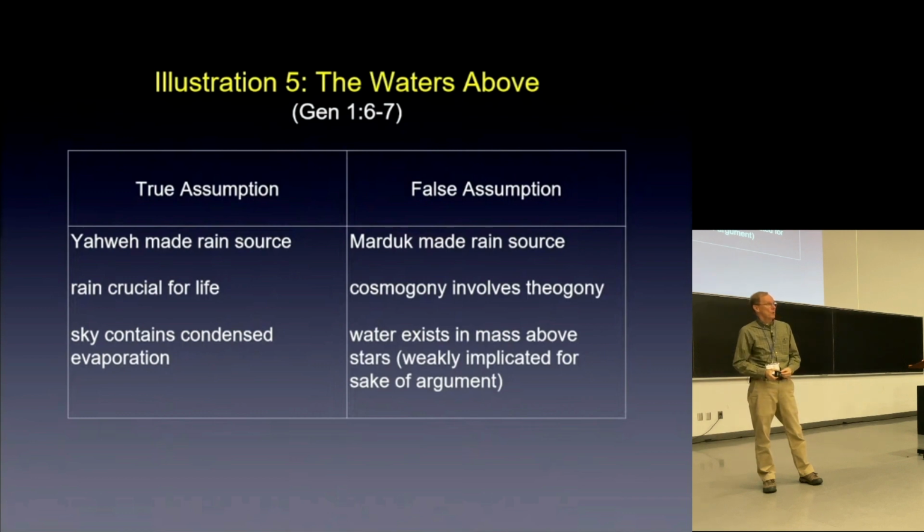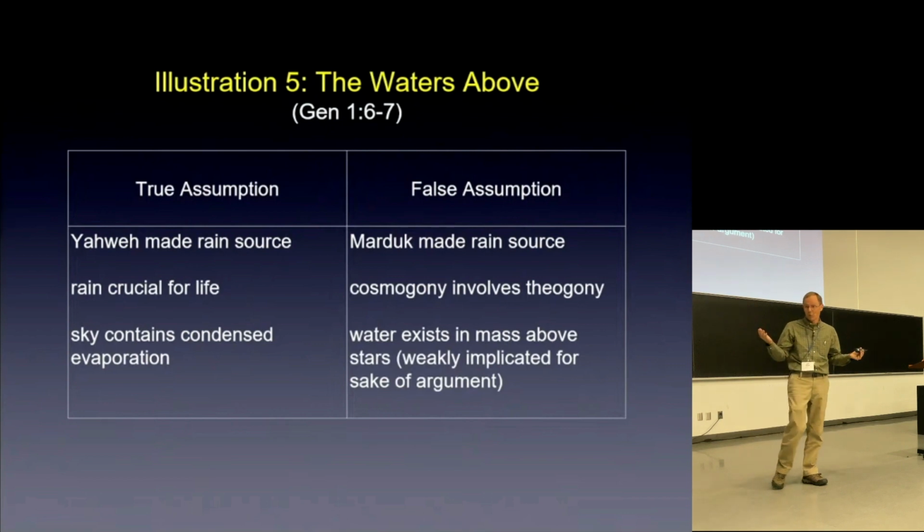Now, there are good scholars, friends of mine, and they might be right, who think this is not a problem. They would say that the water above the firmament is just a metaphorical way of speaking, or an approximate way of speaking, of clouds and rain. And if they're correct, then there's not a problem here, and I'm fretting over nothing. They might be right about that, but I'm not convinced yet that that's the case.